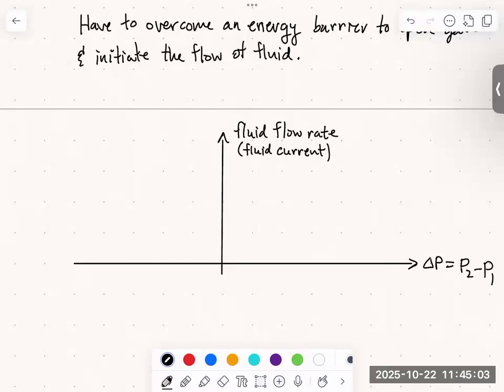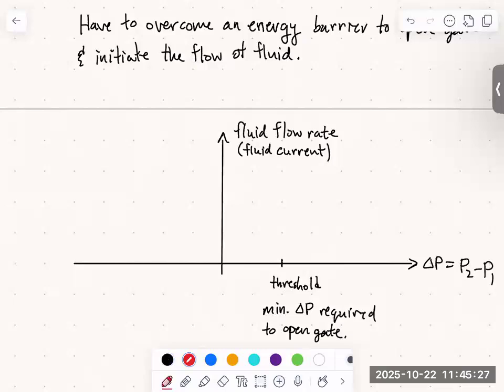And so we talked about this fact that we have to overcome this little barrier. And so I'm going to call this our threshold. So it's the minimum delta P required to open our gate.